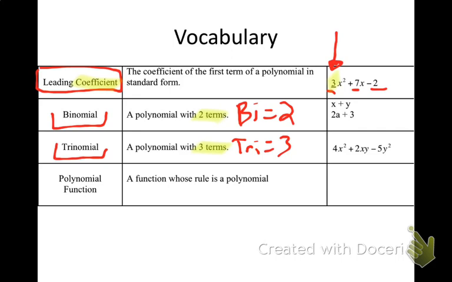Both of those are root words or prefixes you'd probably see in English. You've heard of bi and tri in English terms, prefixes, mono. It all comes from those same root words meaning 1, 2, and 3. And then a polynomial function is a function whose rule is a polynomial.